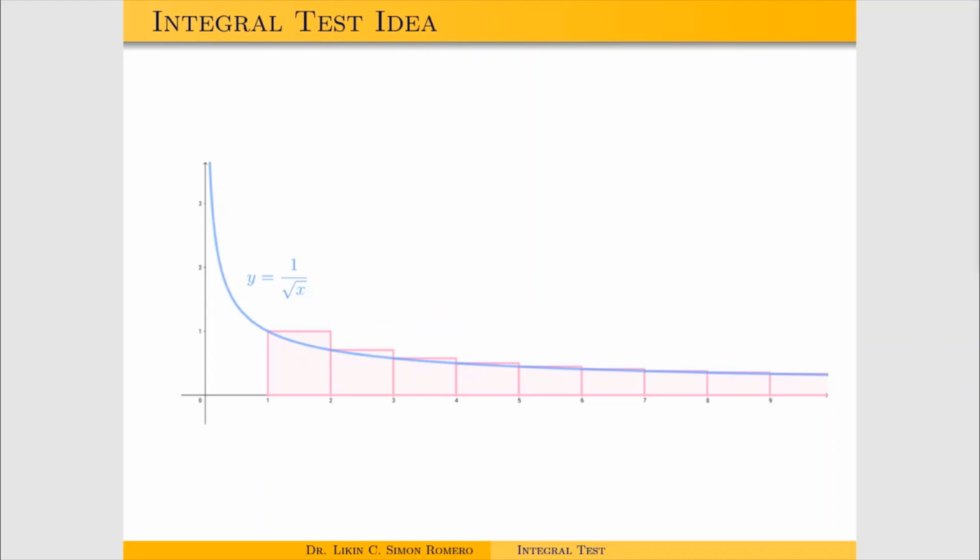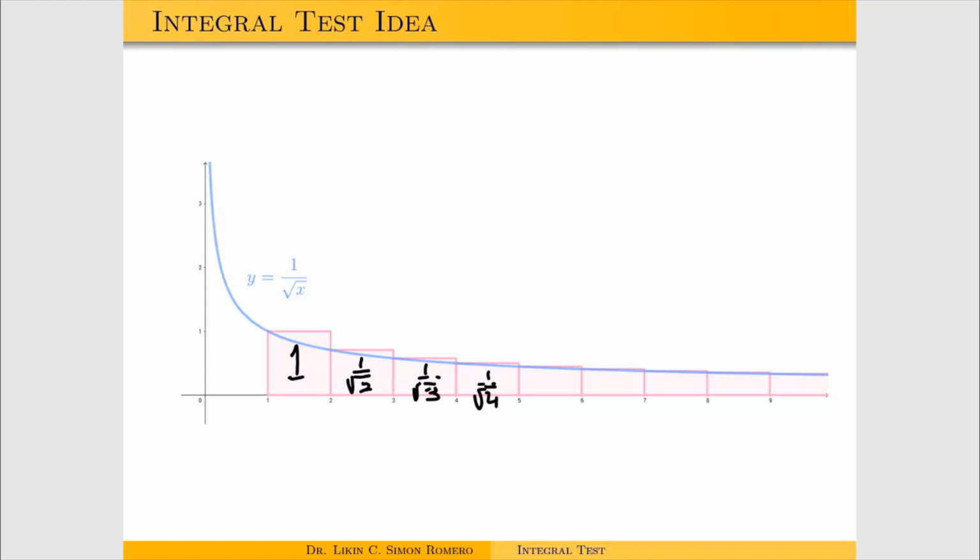In particular, notice the area of this first box is 1. The area of the second box is 1 over the square root of 2. The area of the third box is 1 over the square root of 3. This is 1 over the square root of 4, and so on.